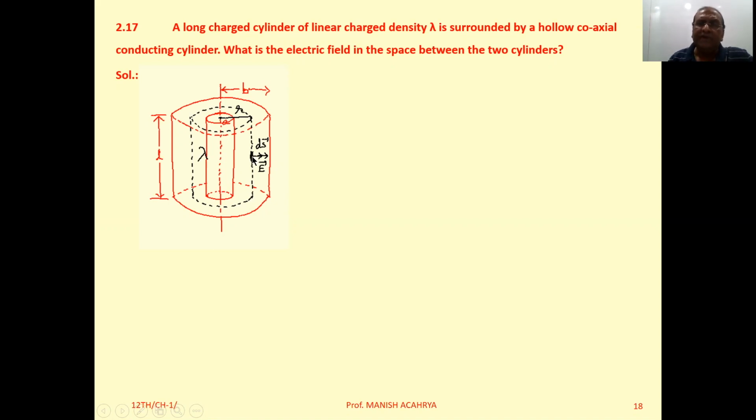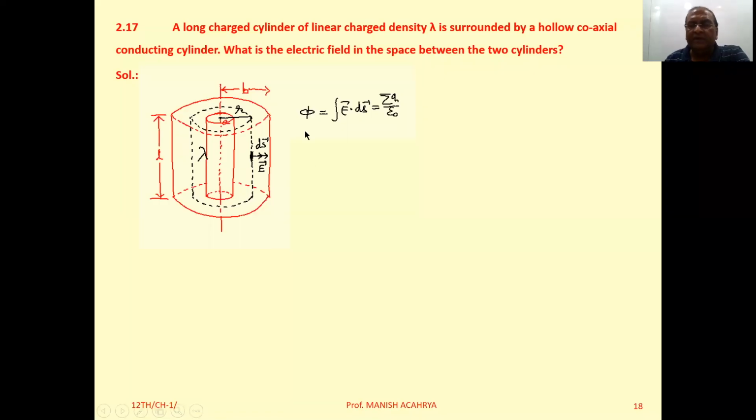So at that particular surface element, the area vector and electric field both will be in the same direction. Clear up to this one?